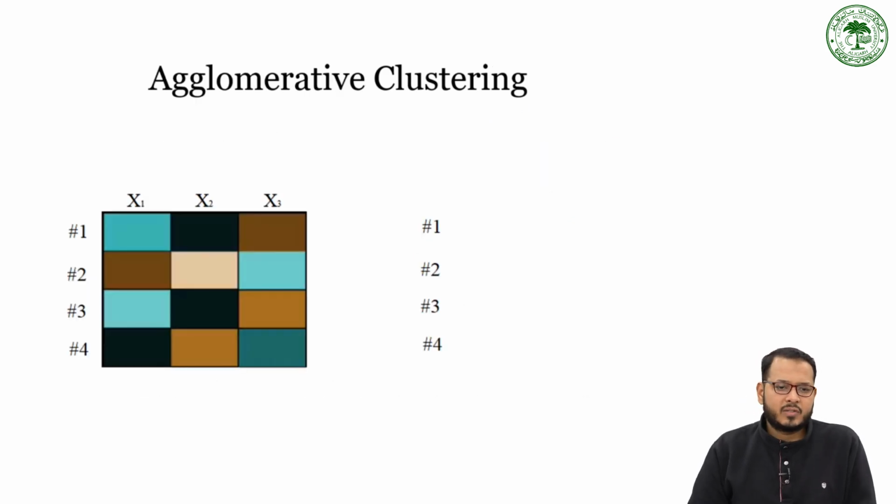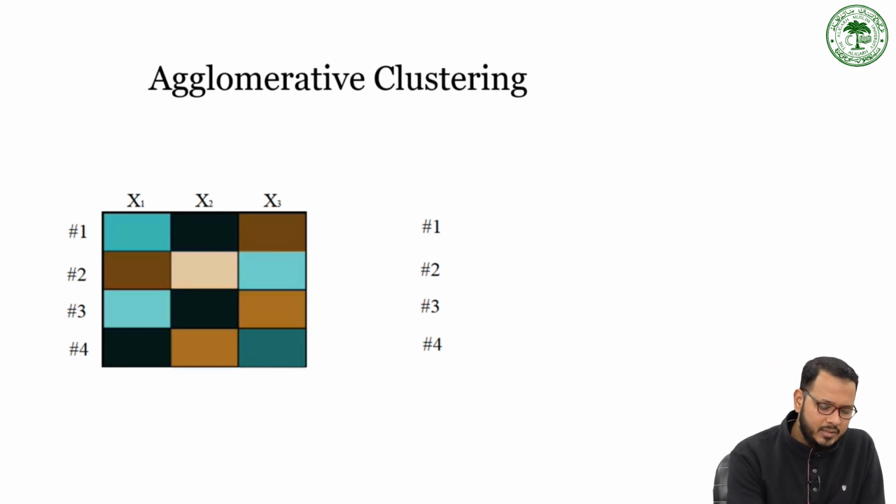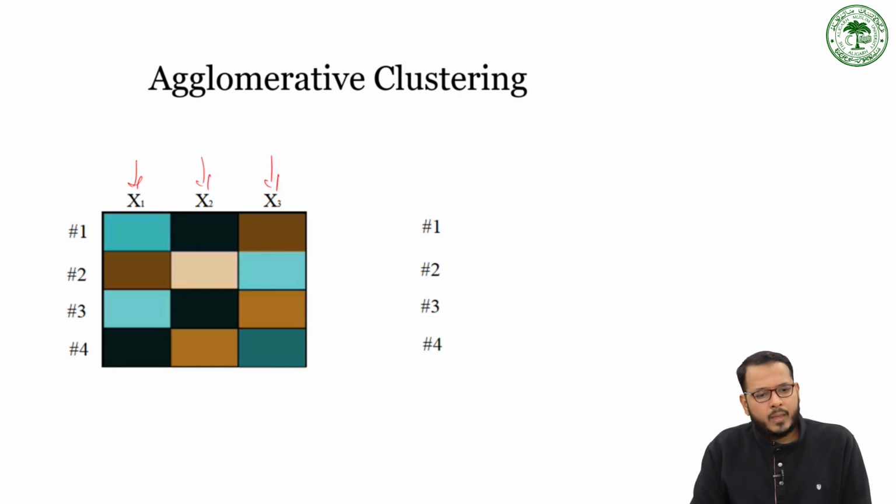Let's try to understand agglomerative clustering, which is a part of hierarchical clustering, with this example. Let's say we have this dataset with three variables, x1, x2 and x3. In this specific example, we are using color coding to represent the values.